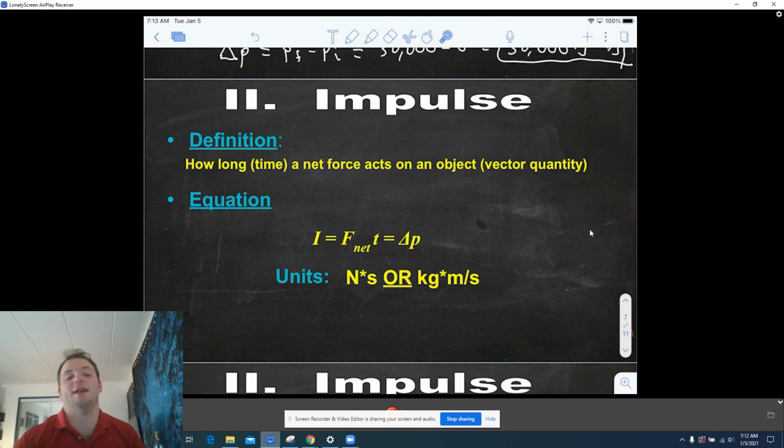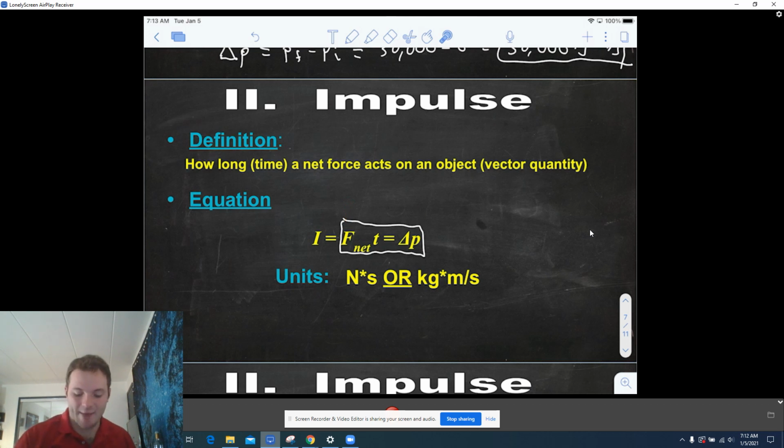Now we're going to see how to play that in. Our impulse equation is that impulse is equal to the force times the time, and is also equal to the change in an object's momentum. This is going to be one of our big ideas, and we'll talk about this more this week: being able to relate force to change in momentum.